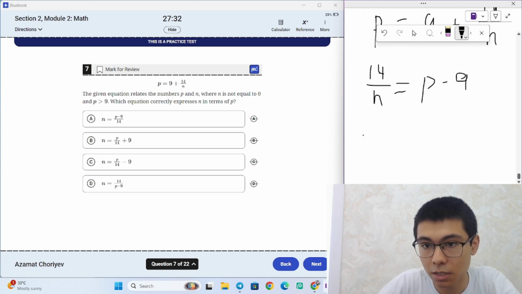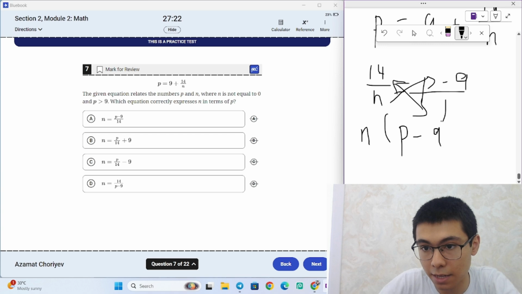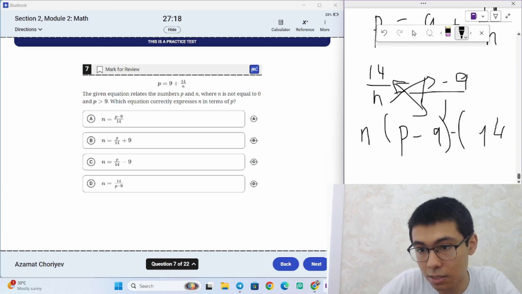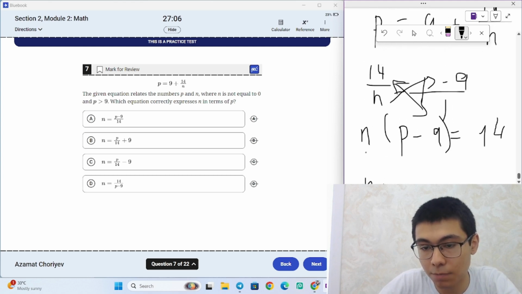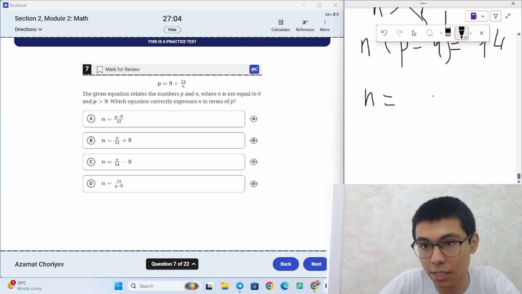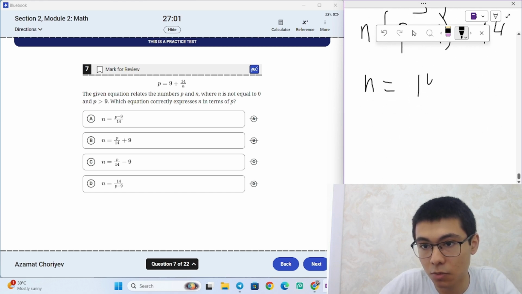So from here, we can multiply both sides by n, and then divide by p minus 9, so n equals 14 divided by p minus 9.